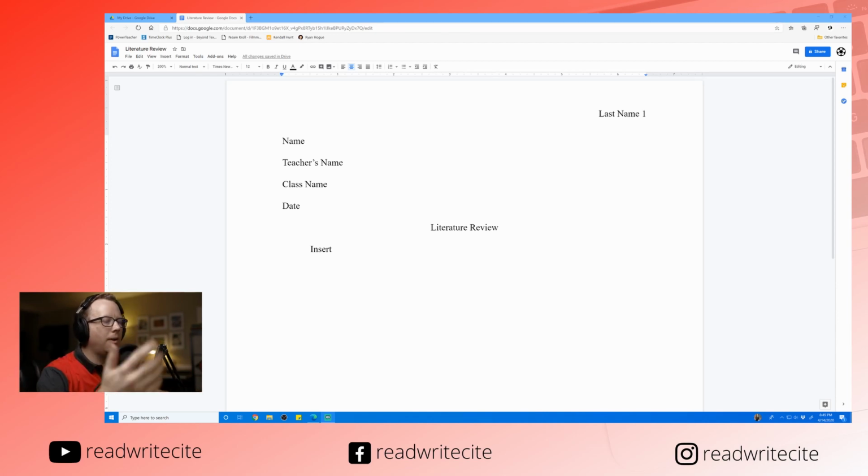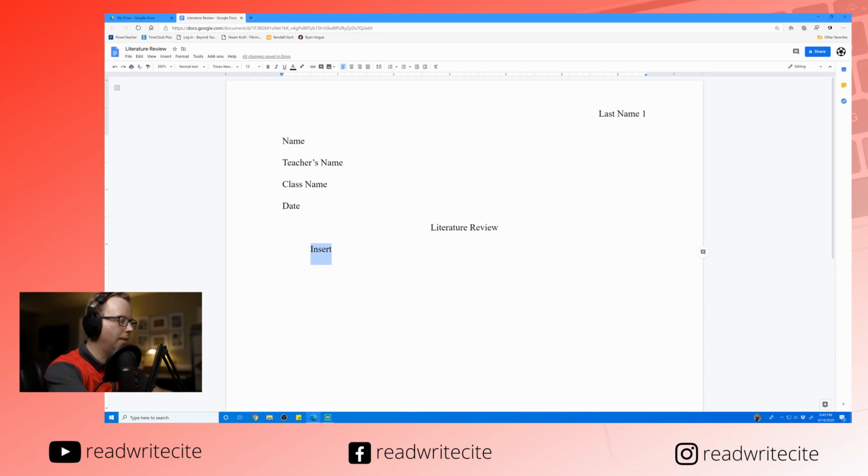So I don't have a bunch prepared here, but I'm going to show you what this might look like. Okay, so let's say I've got 5 sources. I'm going to refer to them as source A, source B, source C, source D, and source E, right?